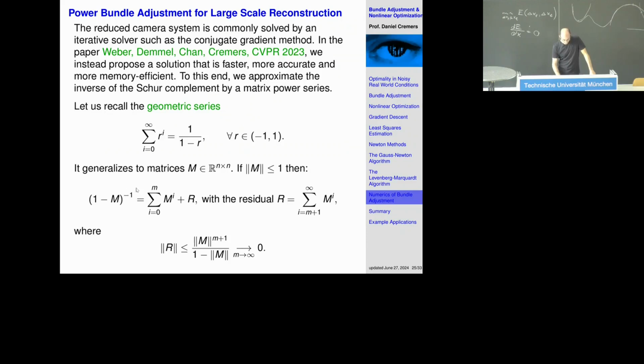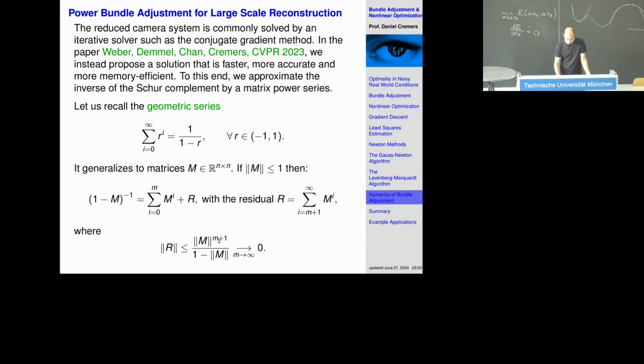1 minus M inverse, the same that you have here, right, can be expressed in a power series of that matrix. So you have sums of powers of the matrix M plus some residual, and that residual is the remainder, basically from m plus 1 to infinity of that series.